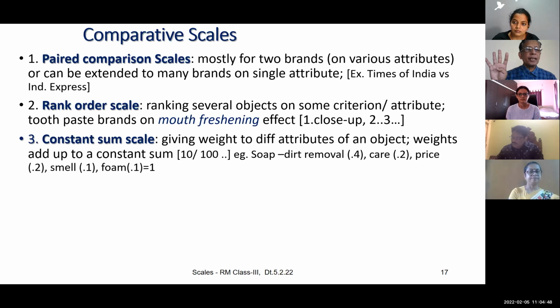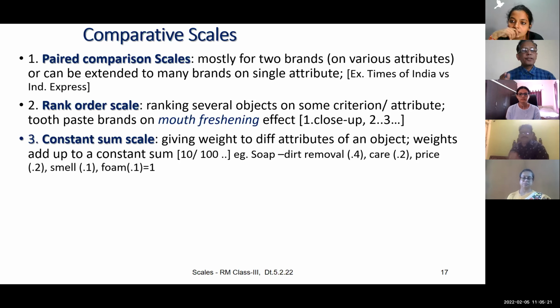What are the 4 attributes, Neha? Dirt removal, smell, foam, care. So, if we take a survey and feel that the most important is how effective it is in removing dirt, okay, and I assign 40% weight, 0.4, okay, and care 20%, price 20%, smell factor 10%, foam factor 10%, and it adds up to 100%.